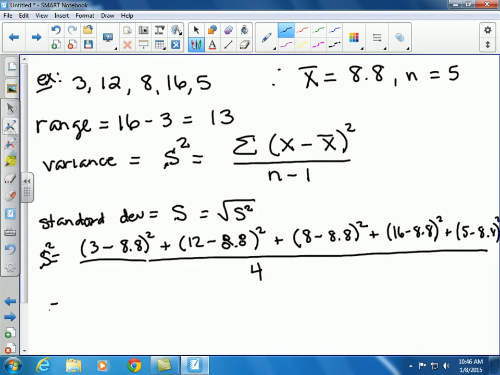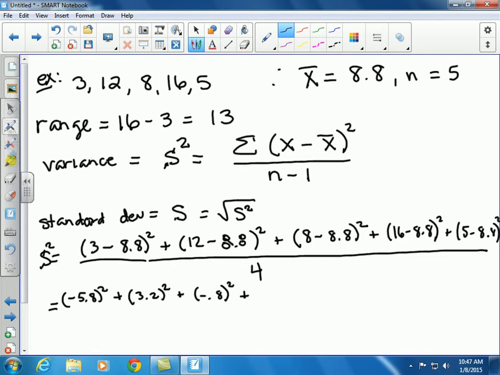When we do this computation, it is computation intensive, so it takes a while. If you do 3 minus 8.8, you get negative 5.8, and you'll square that. Plus, if you do 12 minus 8.8, you get 3.2, and you'll square that. Plus, this is a negative 0.8, and we'll square that.